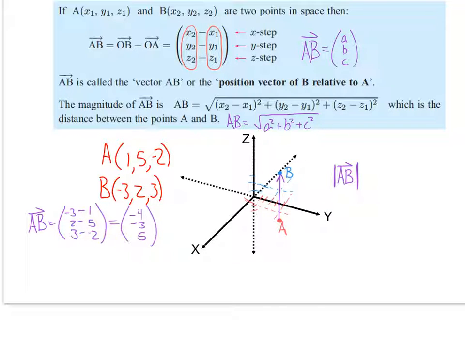Okay? So in this case here, the magnitude of AB we would find by taking the square root of -4 squared plus -3 squared plus 5 squared.